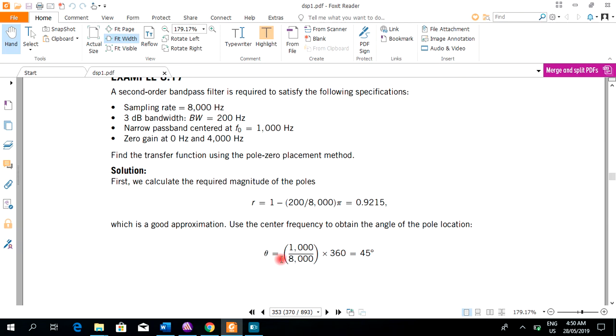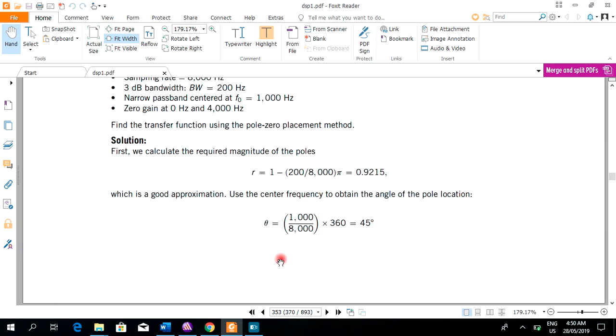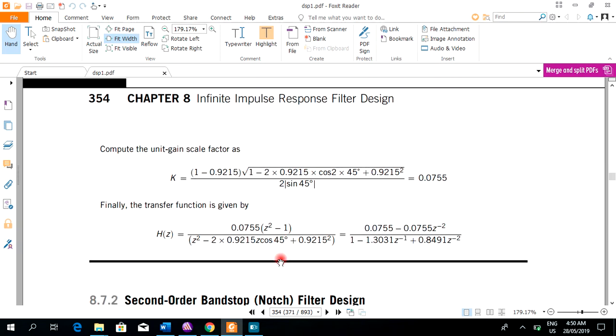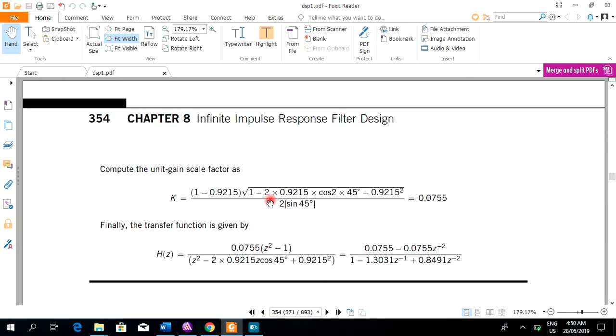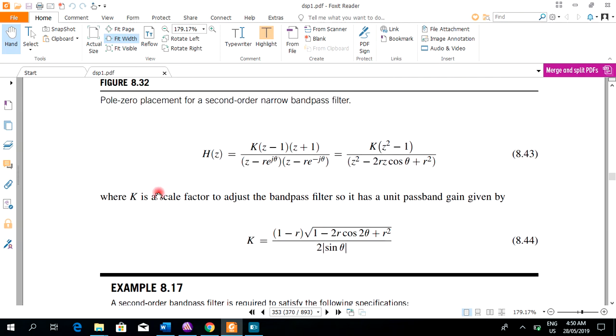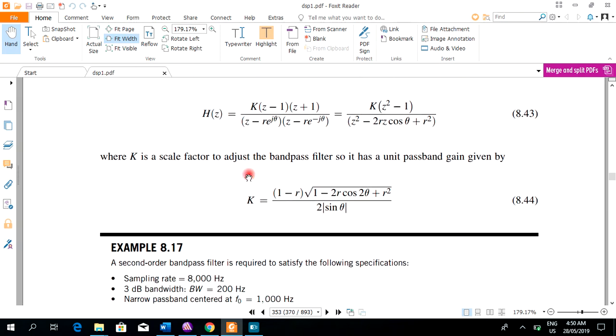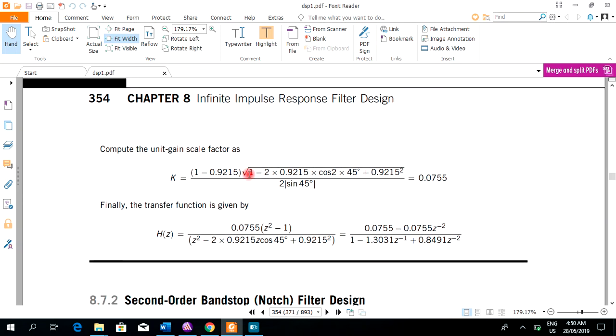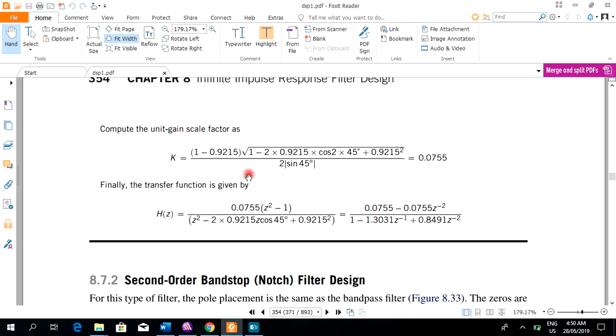Then we calculate the angle theta and K, and after calculating all the values, substitute them in the transfer function formula and you will get the response of the filter.